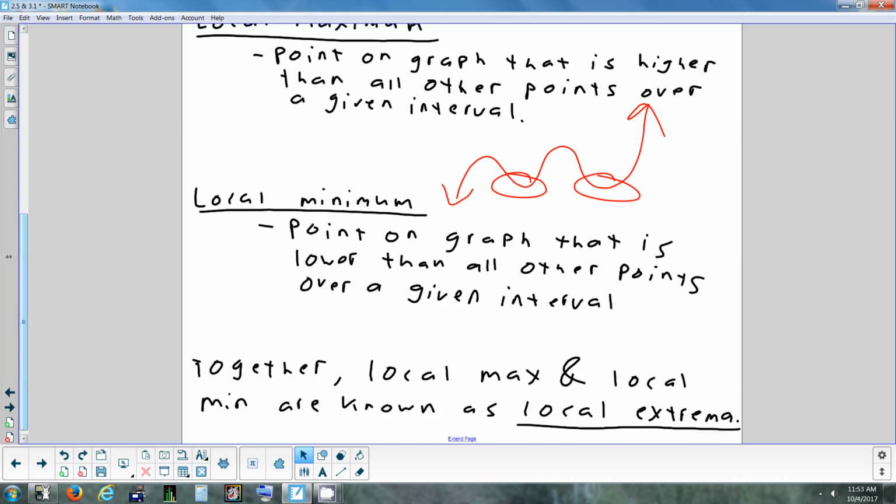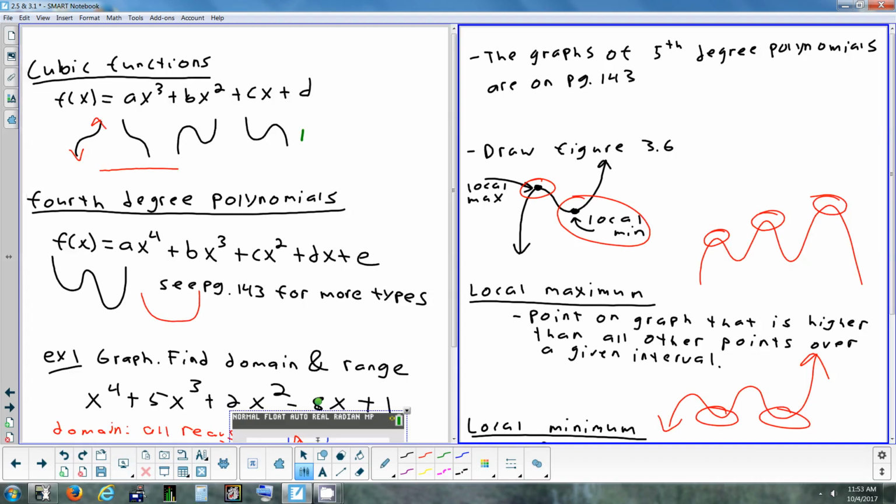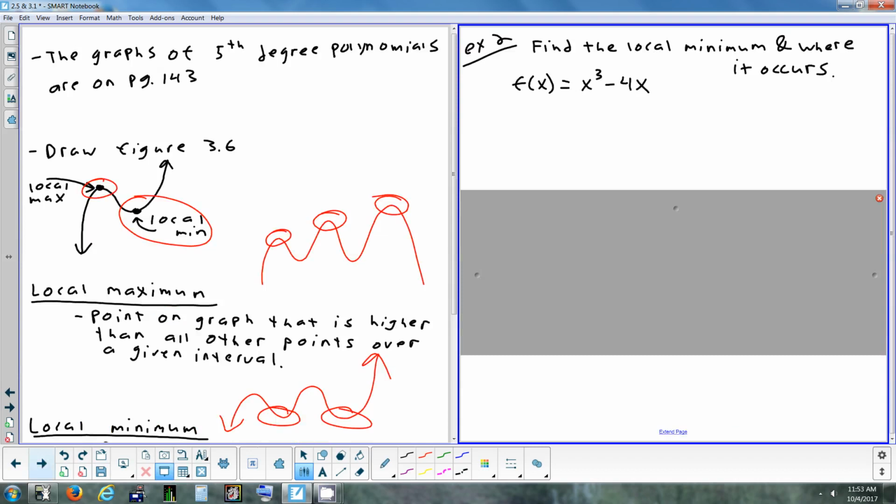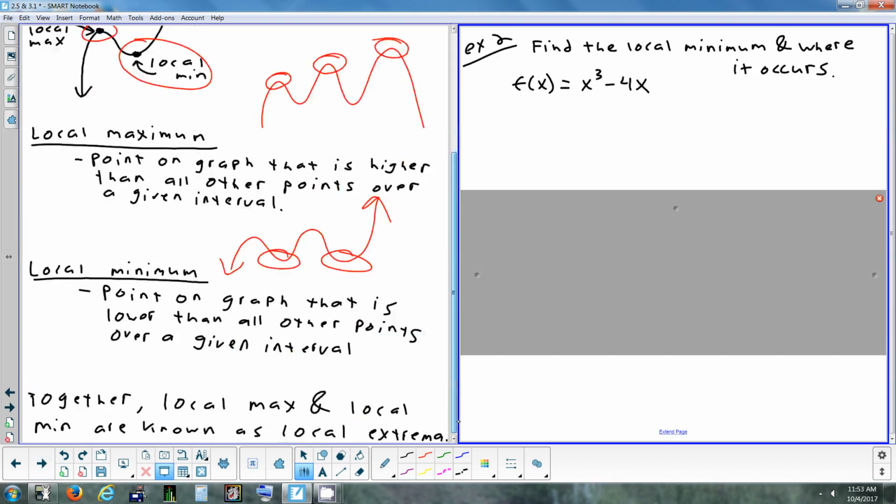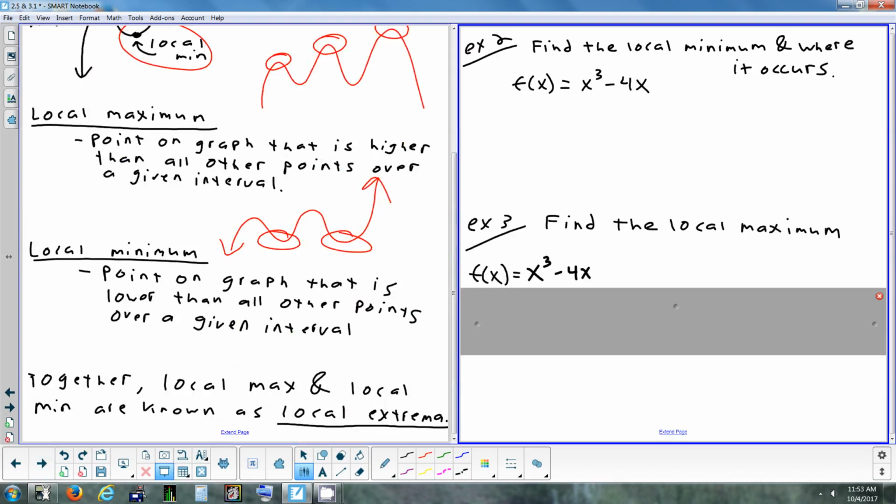Okay, so any questions on that? Okay, so let's try a problem. I'm going to use the same problem, and I want to find the local min and the local max.